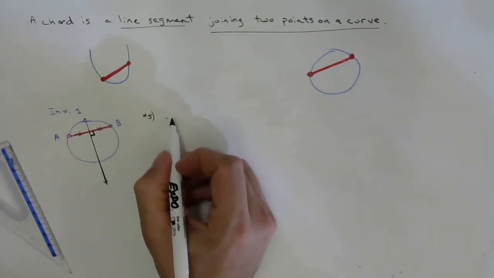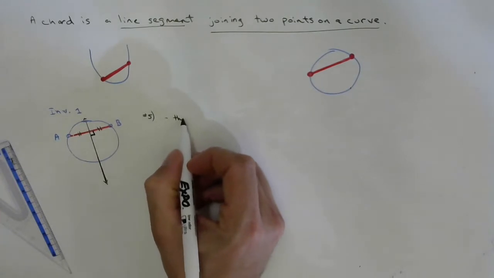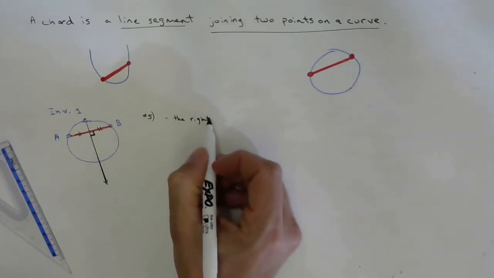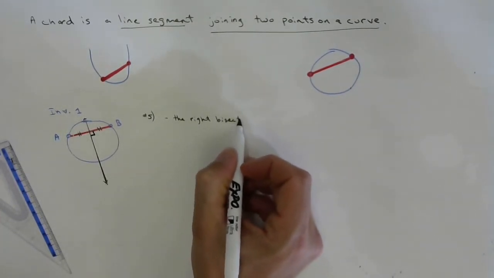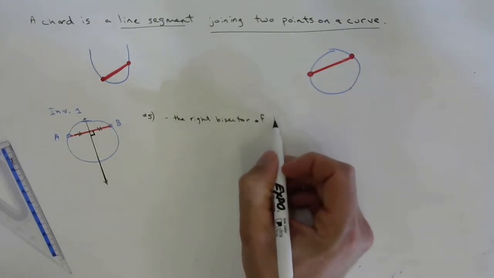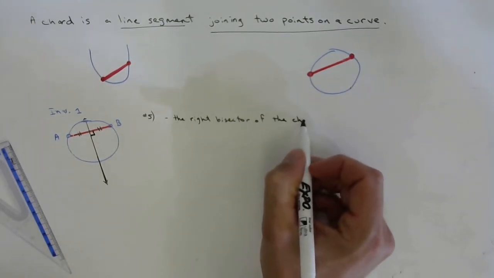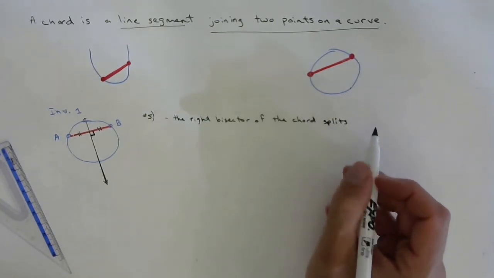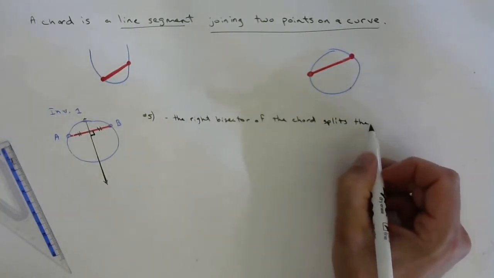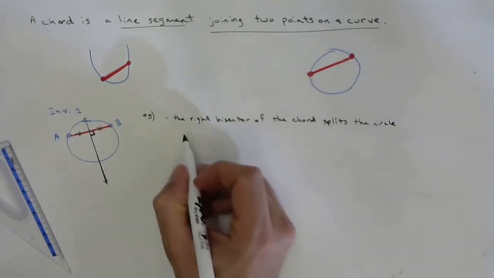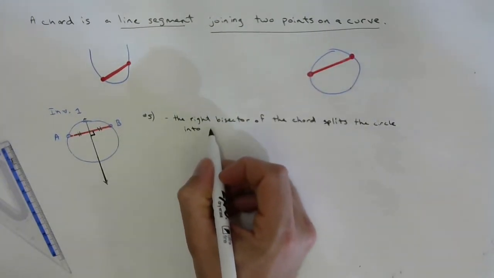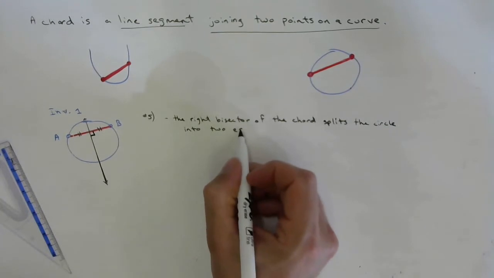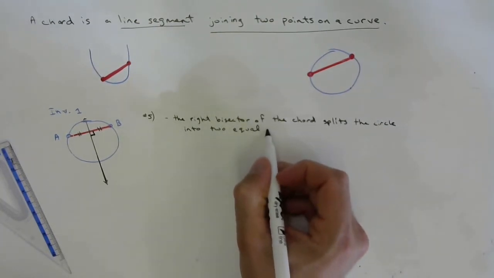Okay, let's write that. The right bisector of the chord splits the circle into two equal parts.